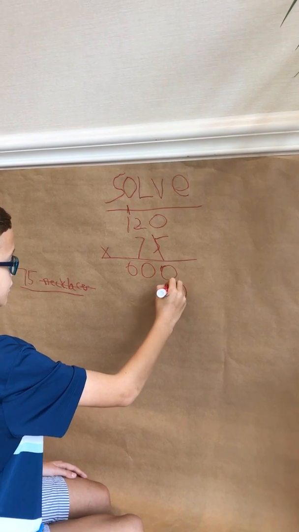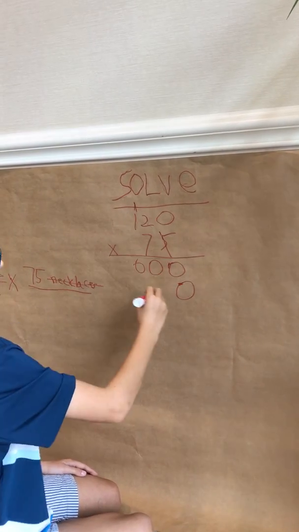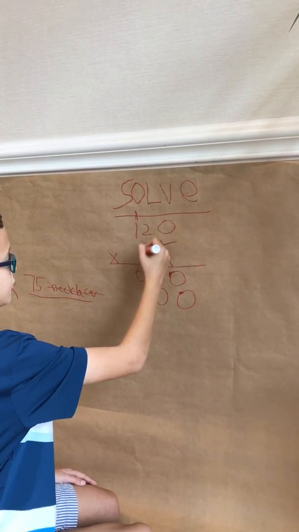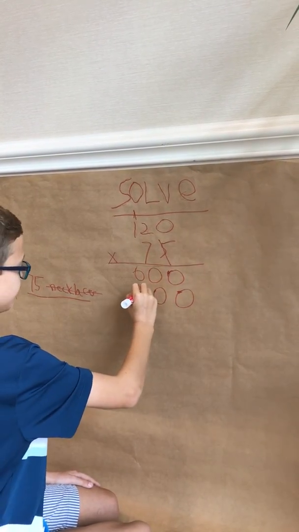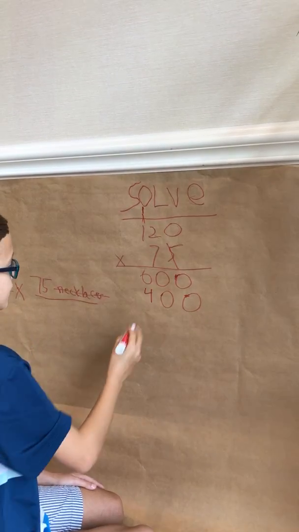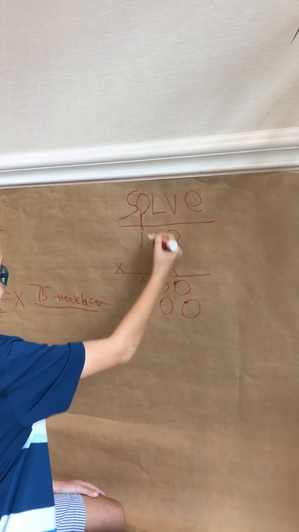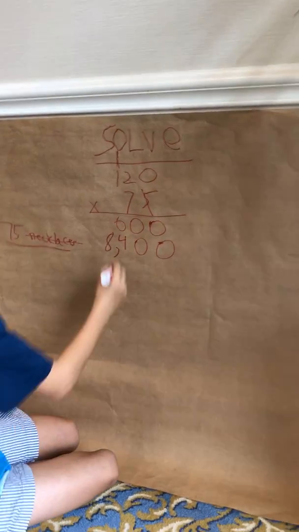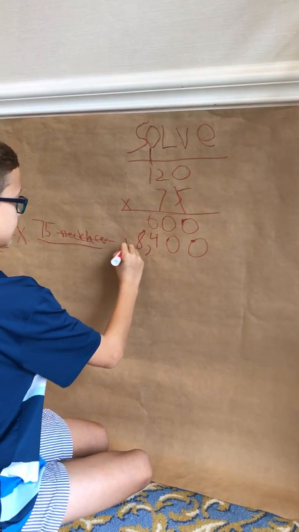Put your placeholder 0. 0 times 7 is 0. 2 times 7 is 14. 1 times 7 is 7, plus 1 is 8. You add them up.